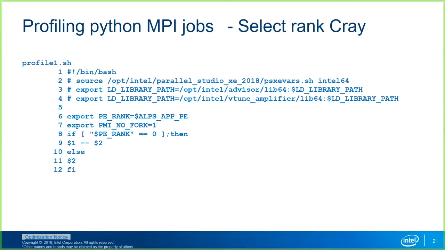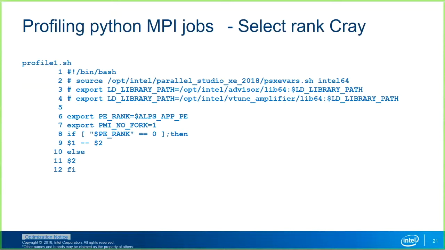So I have this script that I keep in my home, and you essentially launch this script through aprun, and as soon as you do that, aprun will export this environment variable ALPS_APP_PE, and essentially if you're rank 0, you're going to do one thing, otherwise you're going to do something else.